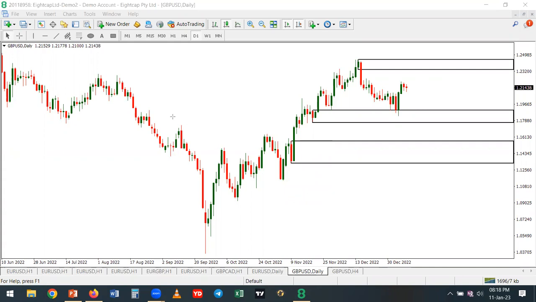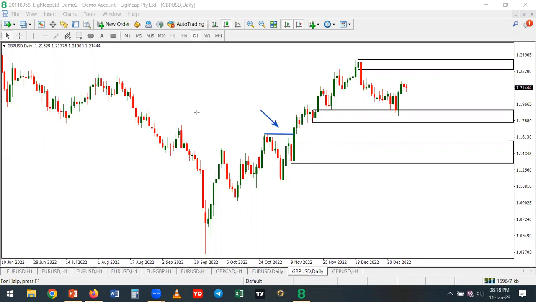Did it break a structure? Let's see. Now this is a structure here, this high. You can see that it broke a structure. At the moment when this high was taken out, it means that the structure has been broken. This means that this order block has broken a structure. That is one of the questions answered.